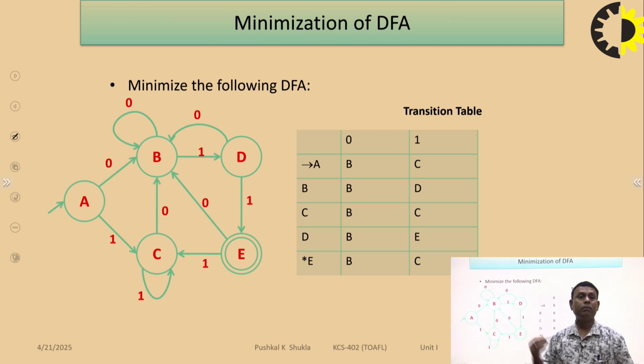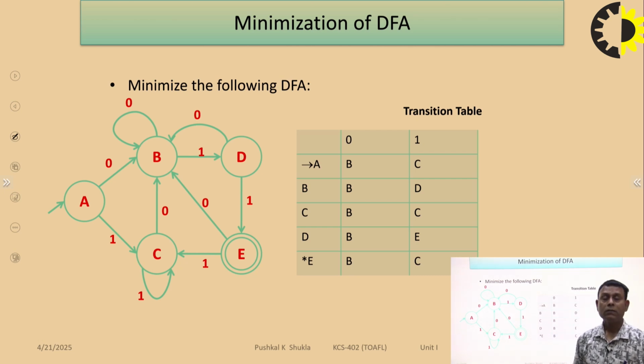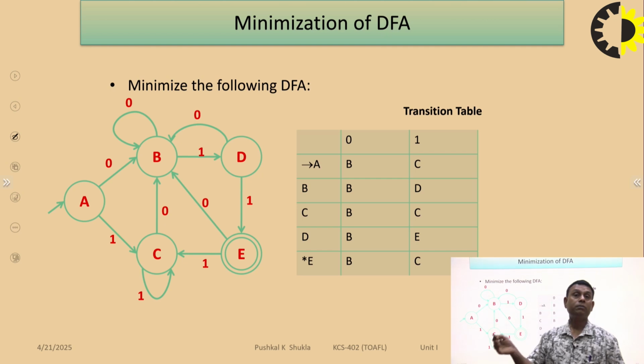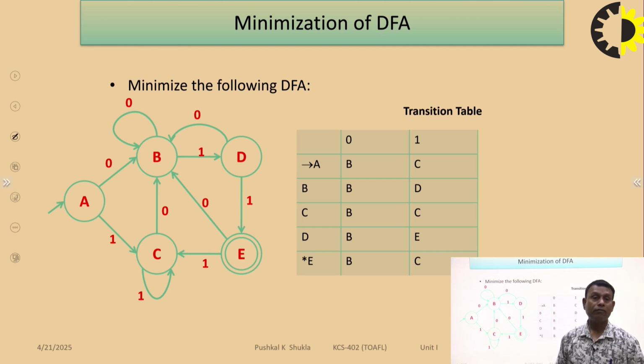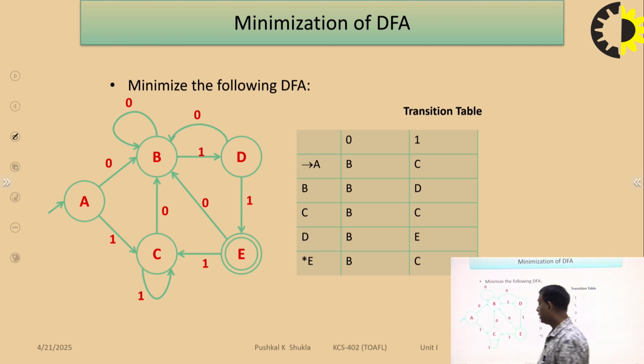One technique is the Myhill-Nerode theorem. The second technique is finding out the equivalence pi naught, pi 1, pi 2, pi 3. And the third technique is removal of unreachable states directly from the DFA, inaccessible states like that. And in this way we can eliminate them.